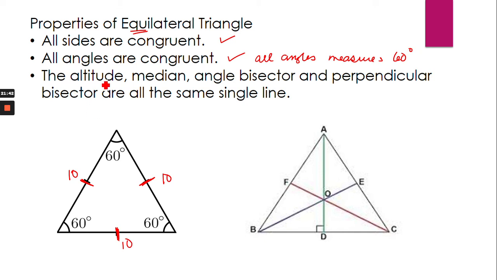Okay. The altitude, median, angle bisectors and perpendicular bisectors are all the same lines. So if you have an altitude, that will also be an angle bisector, that will also be a perpendicular bisector, and that will also be a median.